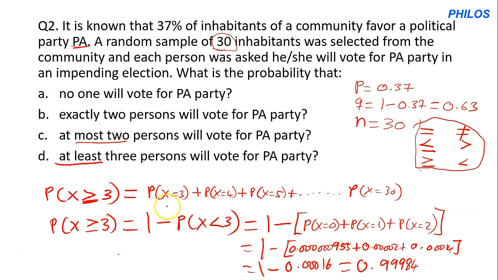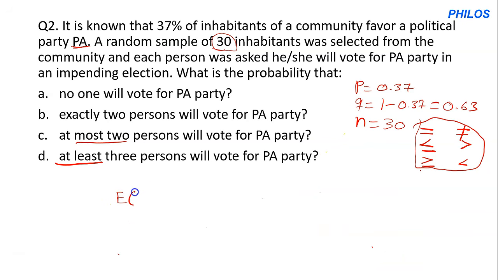Now in case the question asks you to find the mean, variance and standard deviation, to get the mean, which is expected value of x, will be equal to n times p. So our n is 30 and our p is 0.37. So 30 times 0.37 will give us 11.1.